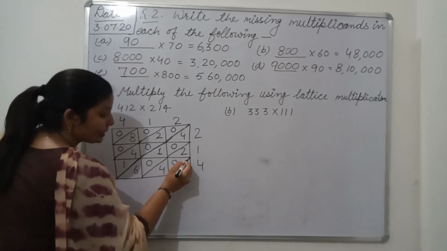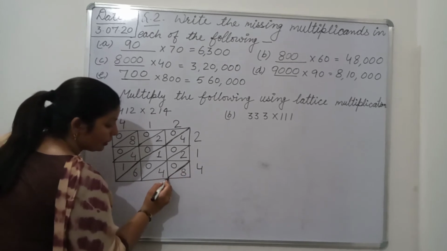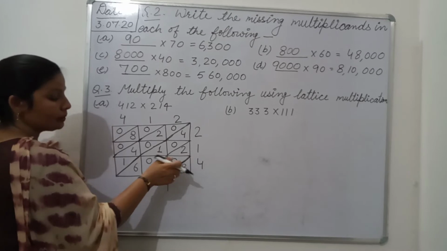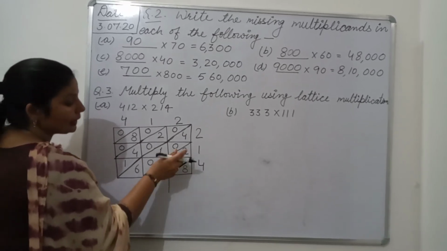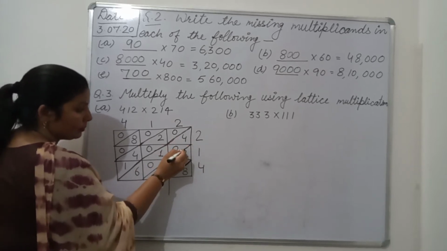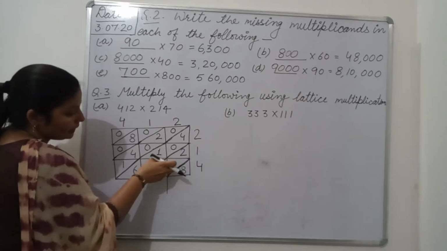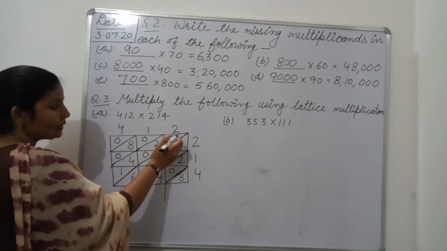So the first diagonal is this. We should add the numbers that come in the first diagonal, and we write the sum here. Then the second diagonal is this. Between the second diagonal, we add the numbers there and write the answer here. Now the third diagonal is this.